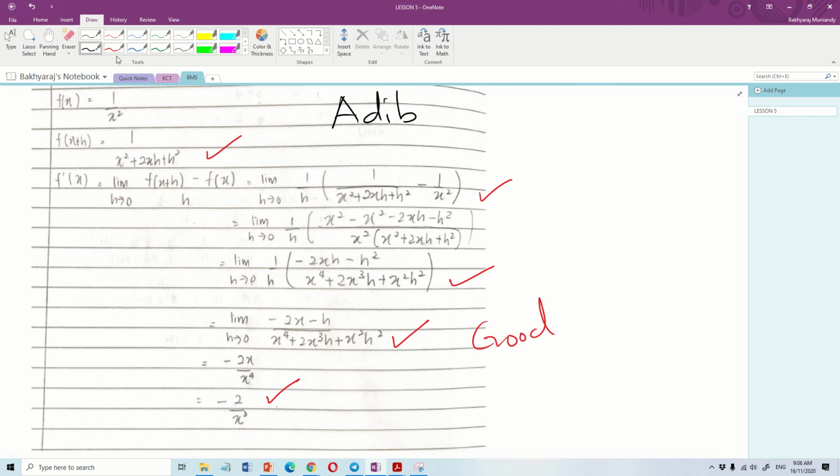Actually very good answer here. Very good, properly done. Saya harap diorang boleh ingat dan boleh selesai macam ni lah lebih kurang. So I think very clear lah. Jawapan itu very clear.